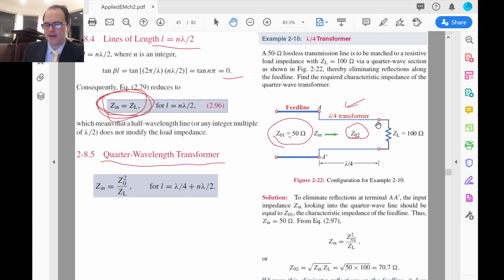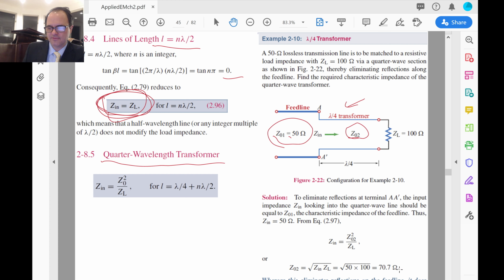And that's important because without this additional part of this second transmission line, you would have a reflected component coming back to the generator, and therefore all of your energy will not be used by the system, the load. All right, and that's bad. And so if we do want the input to be 50, and we know that the load impedance is 100, that goes in here, we're able to calculate what my characteristic impedance of this quarter wavelength transformer has to be.